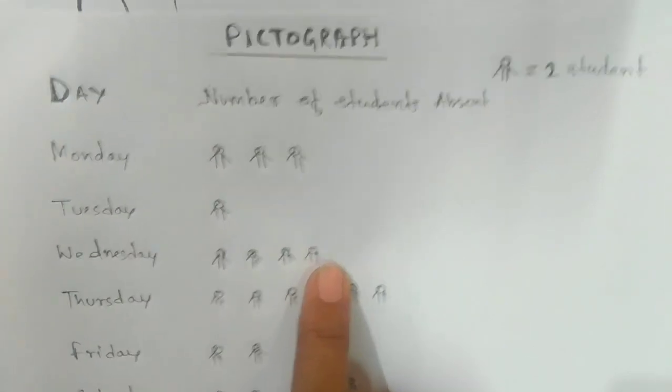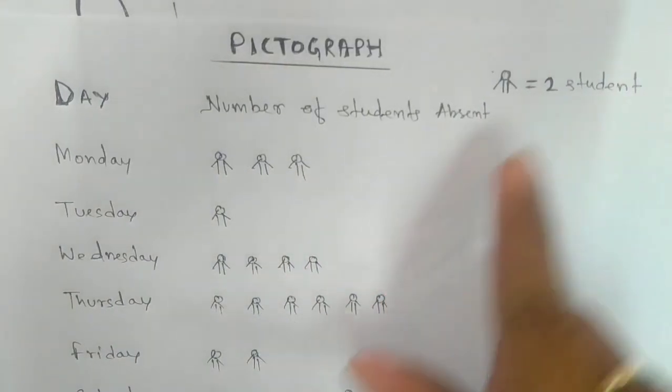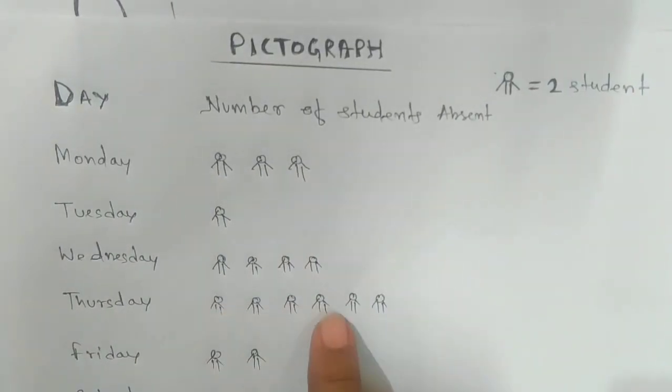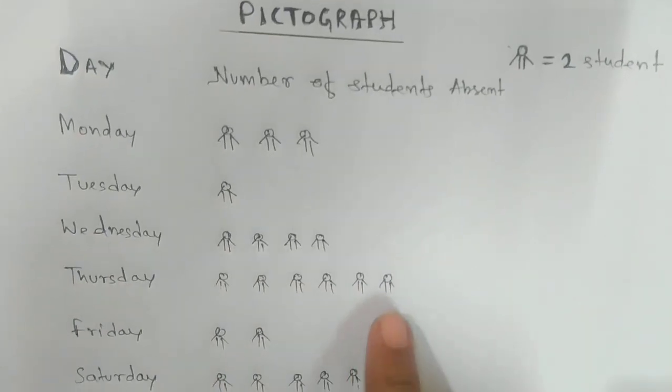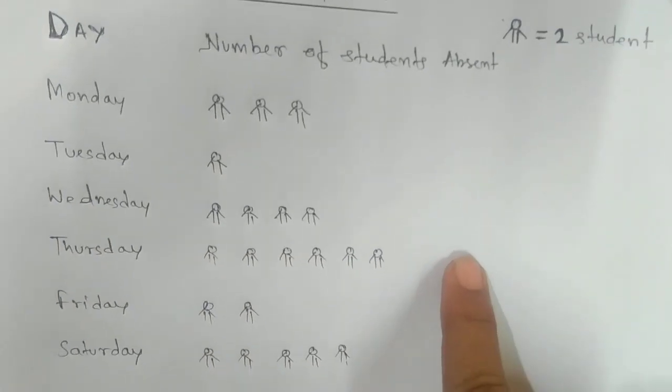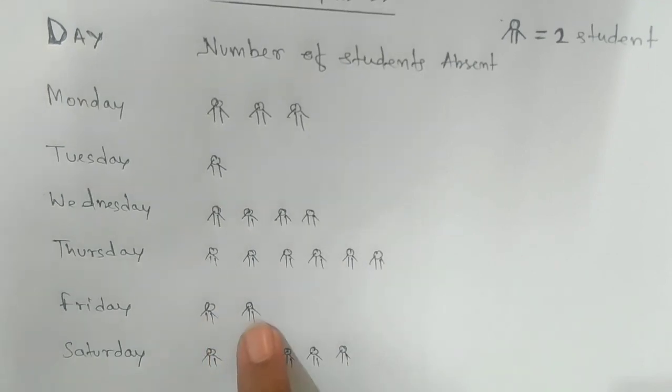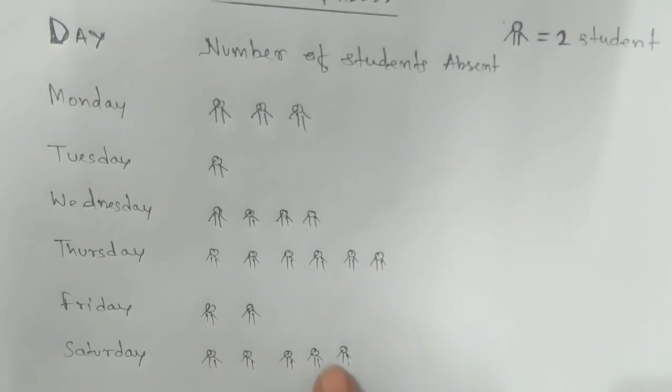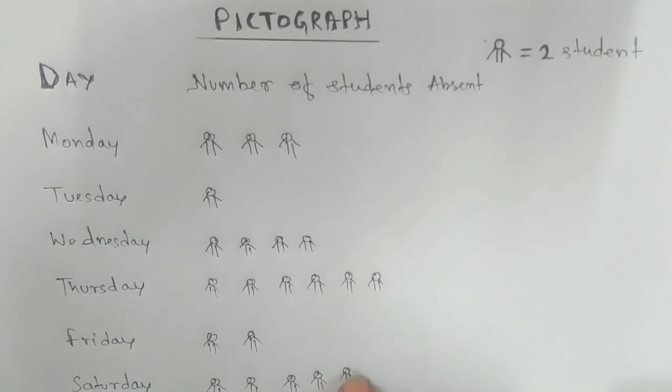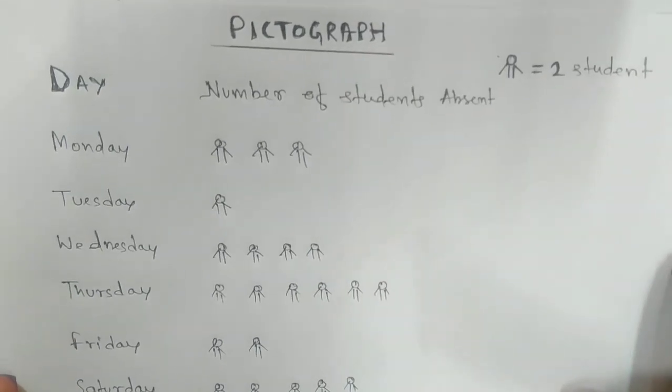There are 4 pictures, and 4 into 2 is 8. 1 2 3 4 5 6 means 12 students. Here 1 2 means 4 students. 1 2 3 4 5 means 5 students. So this type of graph we call a pictograph.